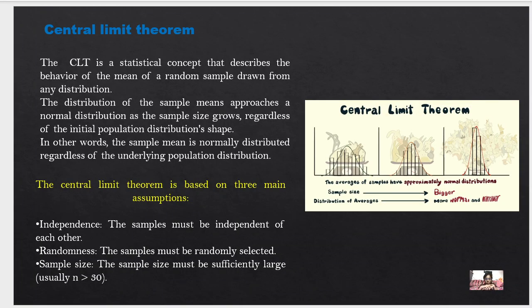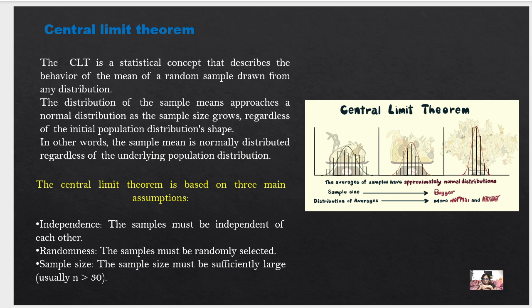Next is CLT. CLT is a statistical concept that describes the behavior of the mean of a random sample drawn from a distribution. The distribution of the sample means is a normal distribution as the sample size grows, regardless of its initial population distribution shape.